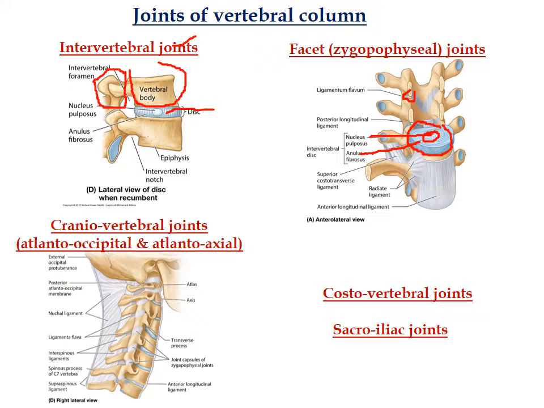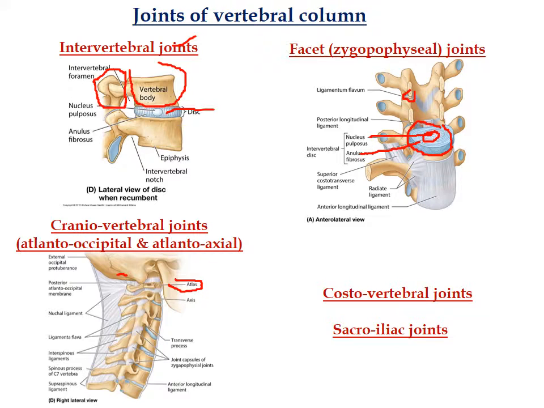Then the third one, craniovertebral joints. As the name itself says, cranio is between the skull and the vertebrae. That is the atlanto-occipital joint, between the occipital bone of the skull and the atlas, the first vertebra.